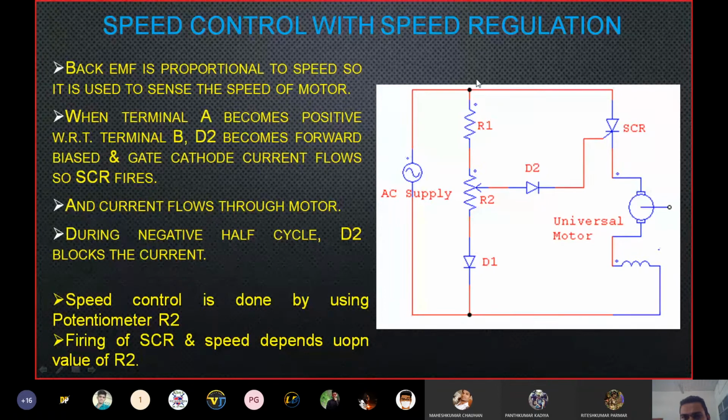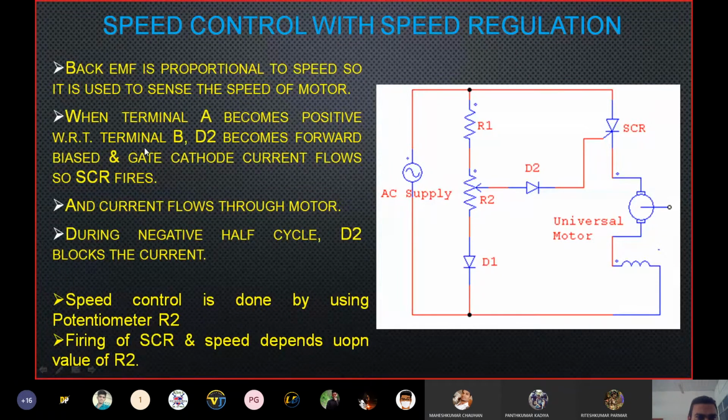Okay, from the AC supply terminal it is connected to the SCR, and the cathode terminal of the SCR is connected to the motor. So this motor and SCR are connected in series. This is the universal motor. Okay, so the components are R1, potentiometer resistor R2, diode D1, diode D2, SCR and universal motor. This is the circuit diagram for speed control of a universal motor with speed regulation.